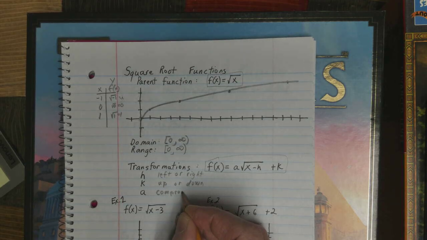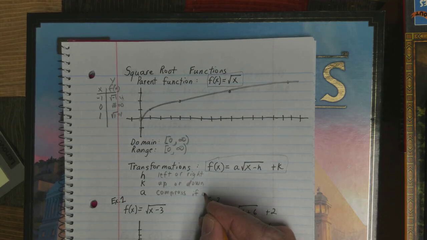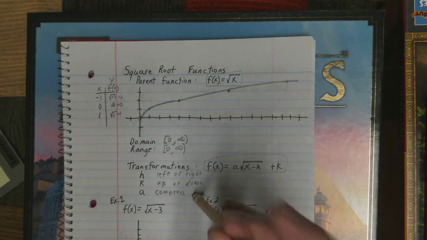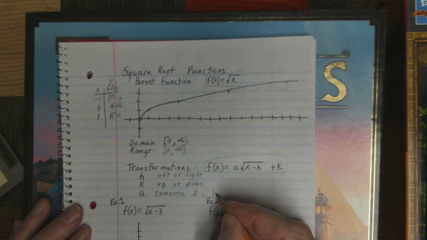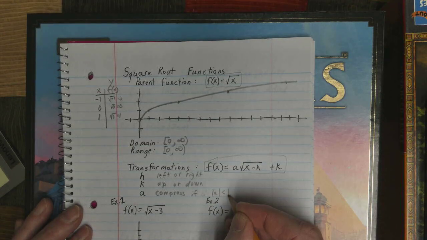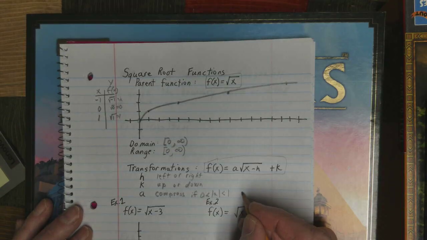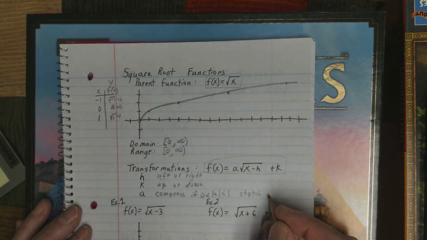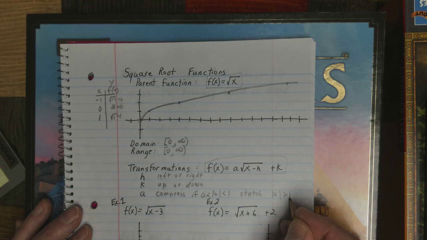compress. If, let me say, the absolute value of a, ignoring the positive or negative, is between 0 and 1, compress; stretch if the absolute value of a is greater than 1.